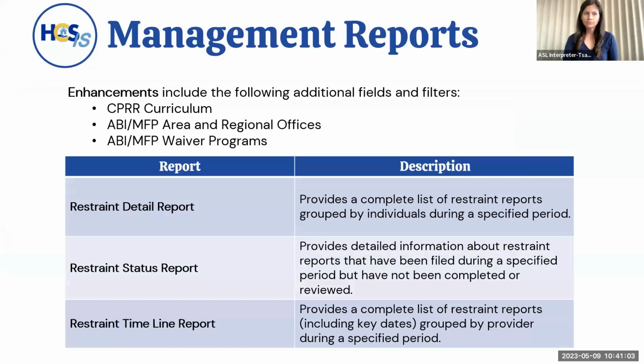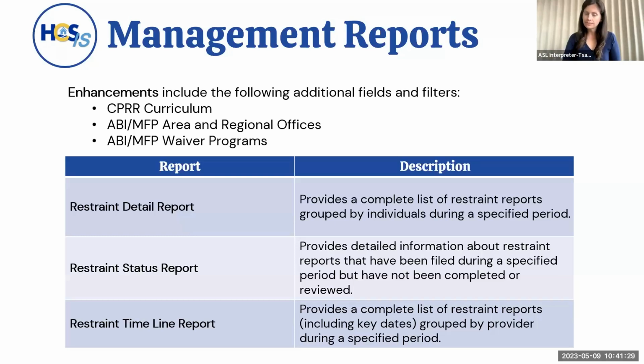Speaking of management reports, let's take a closer look at what is available for you to generate. Listed in the table below are the three report names and the descriptions as they appear in HCSIS. The three additional fields and/or filters listed here have been added.